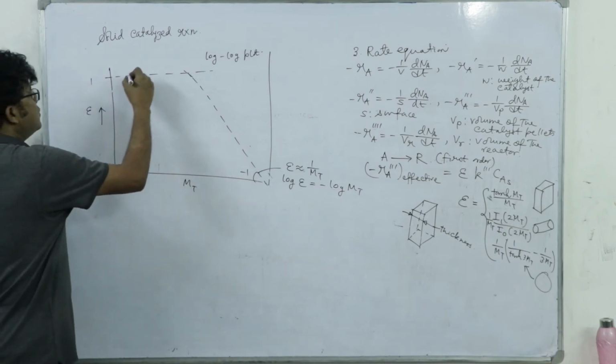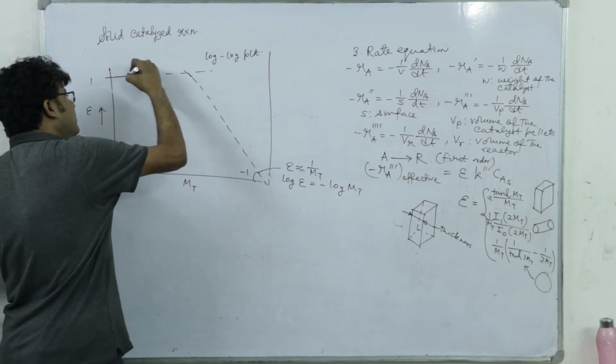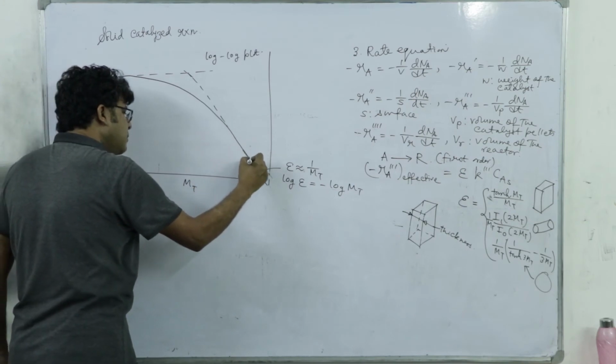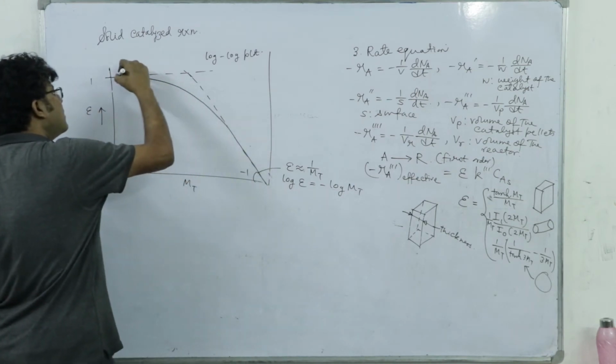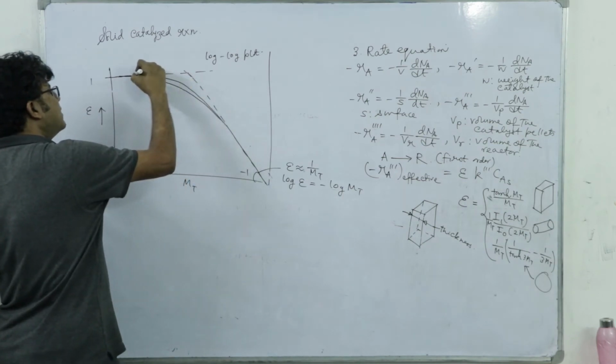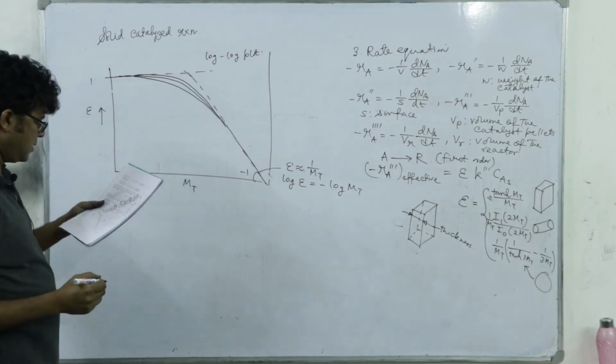Close to 0.4, see what the nature of the curve is. These are the natures for different types of shapes, right.